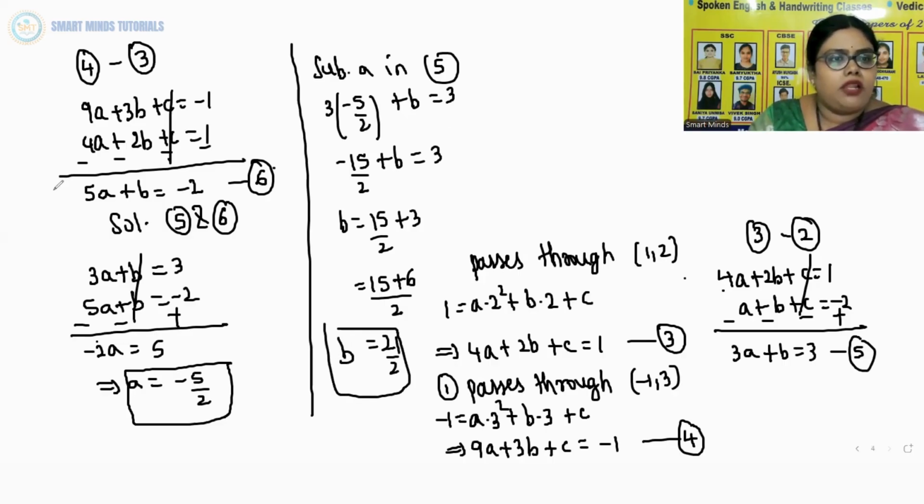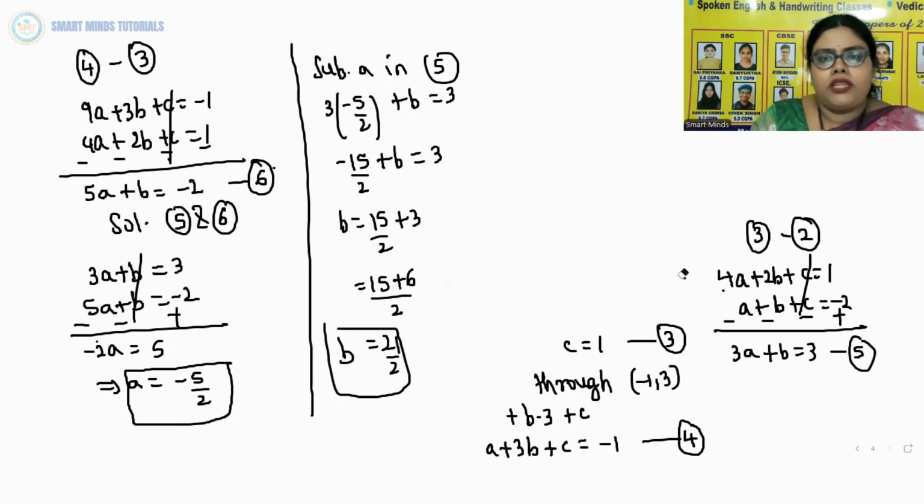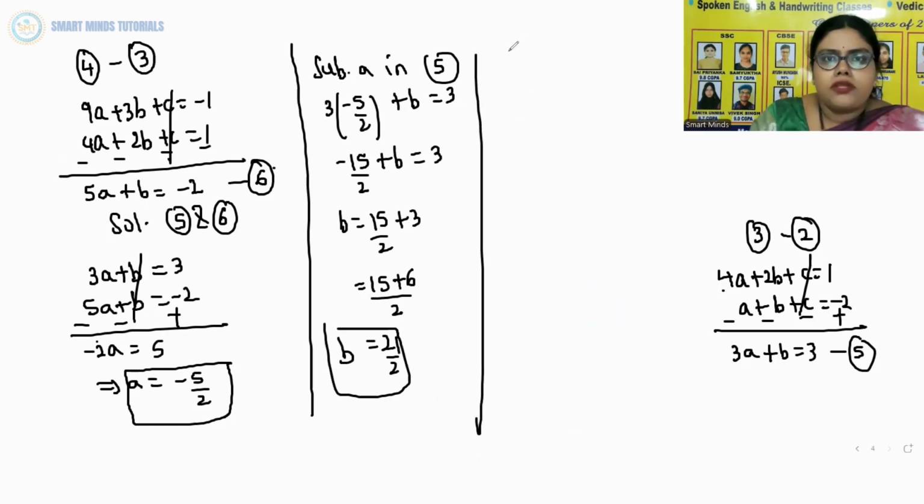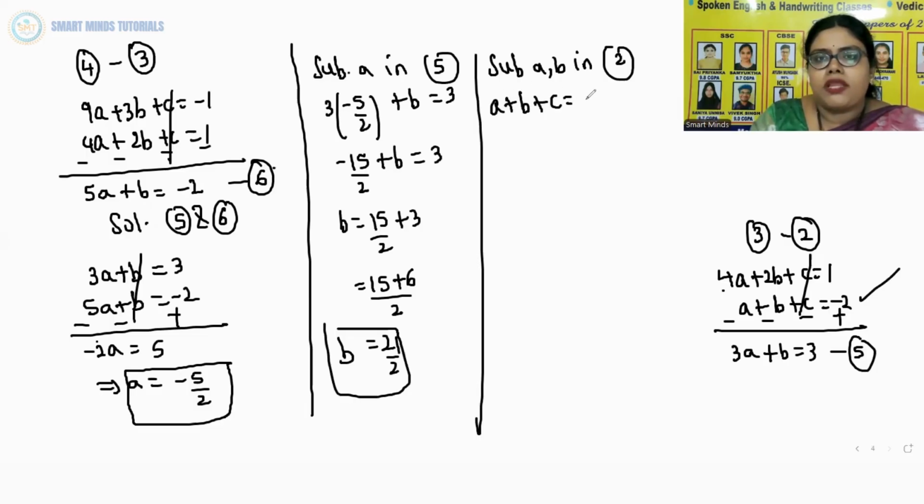After getting b value, we will substitute a and b in either 2 or 3 or 4. Let us substitute in second equation. So if you just see here, this is second equation. A plus b plus c equals -2.